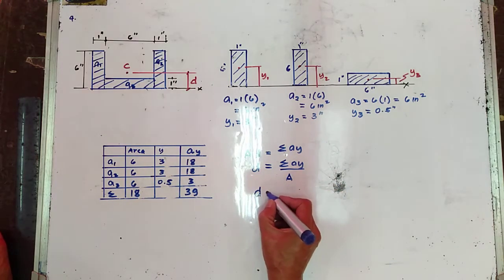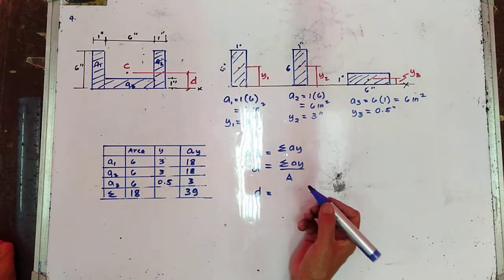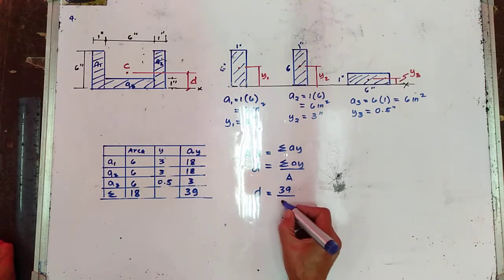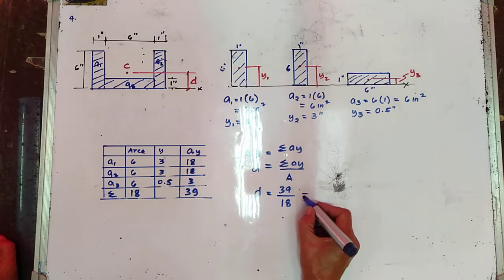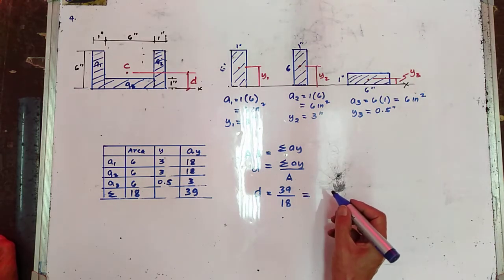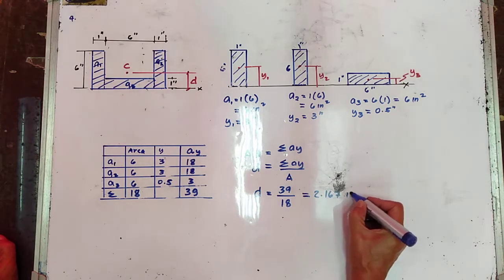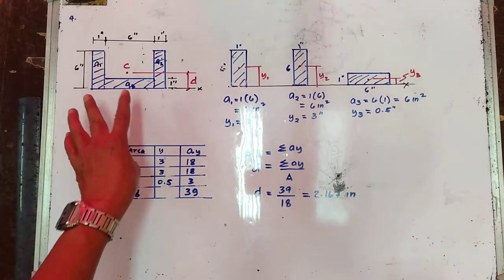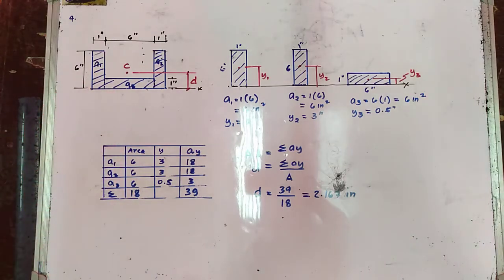Hence, the value of D is now equal to 39 all over the total area, which is equal to 18. And therefore, this is equal to 2.167 inches. So that is therefore the location of the centroid of this given figure from the x-axis.